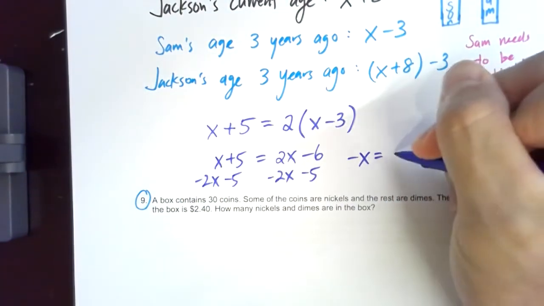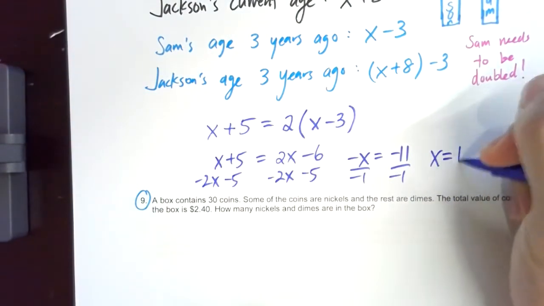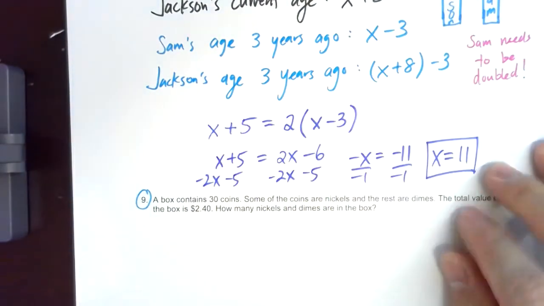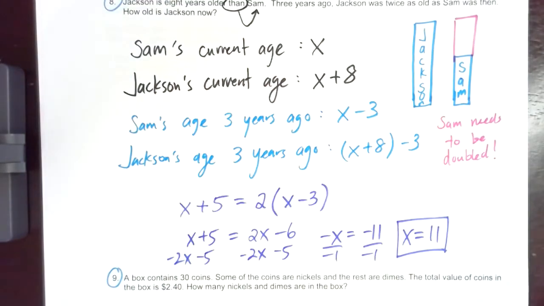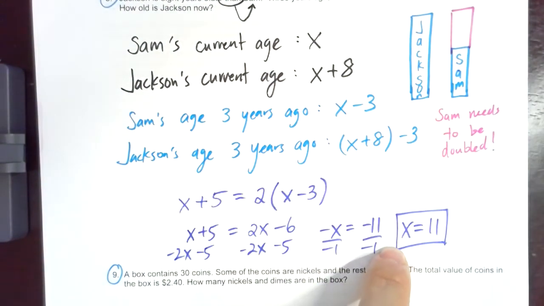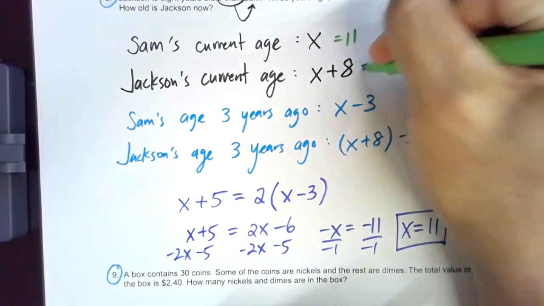I kind of went a different route, kind of an interesting route, and I got negative x is equal to negative 11. But obviously, that just means that x is 11. And that means x is the current age of Sam. Right? If x is 11, that's Sam's current age.